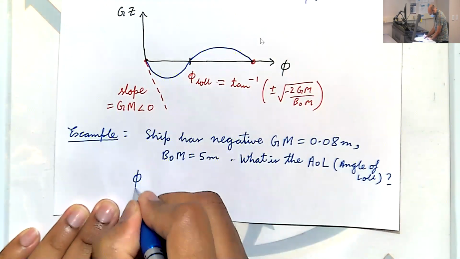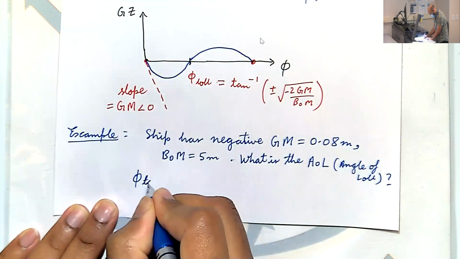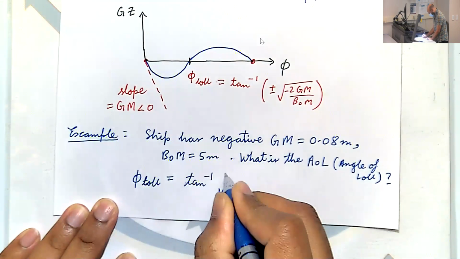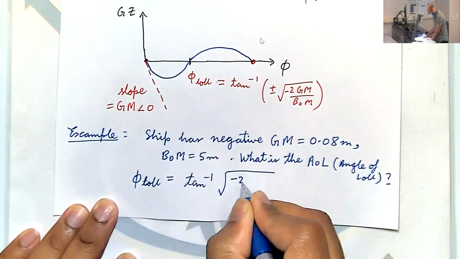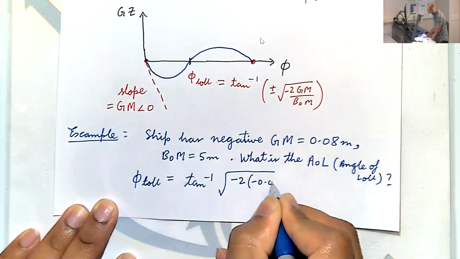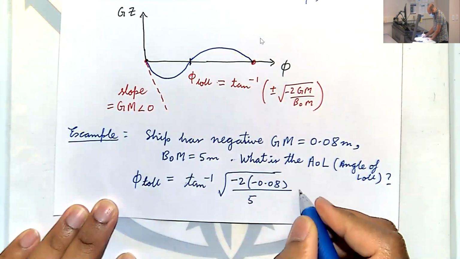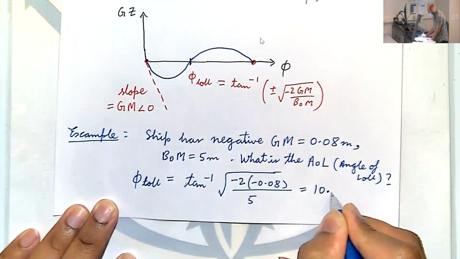So phi lull would be tan inverse of negative 2 times negative 0.08 over 5. 10.1 degrees.